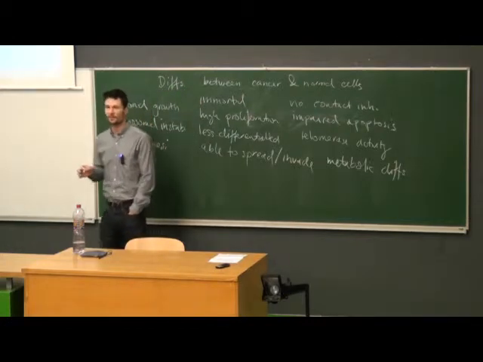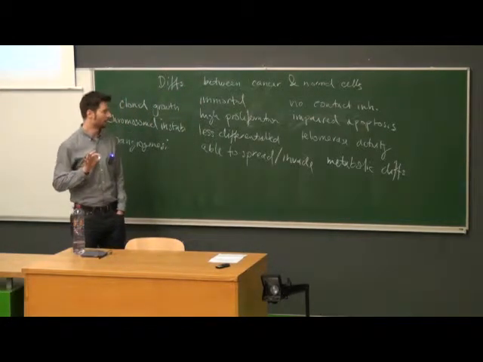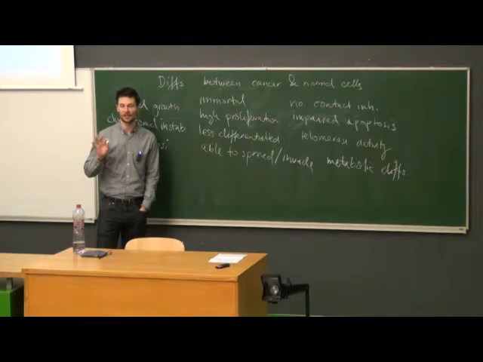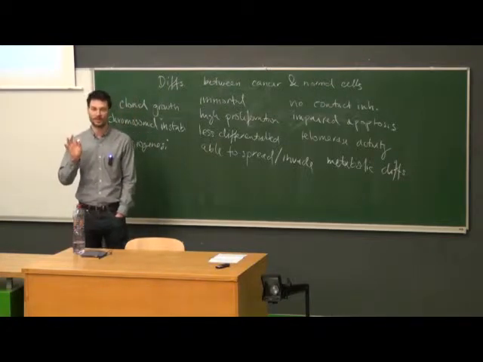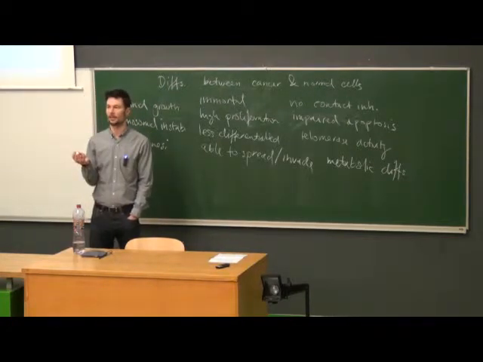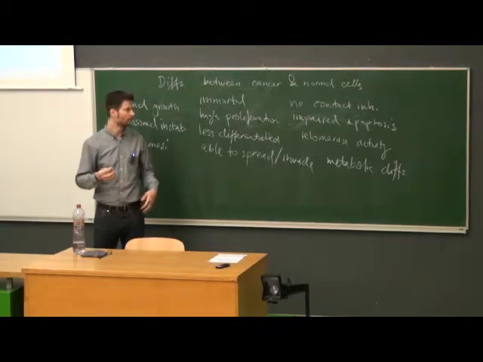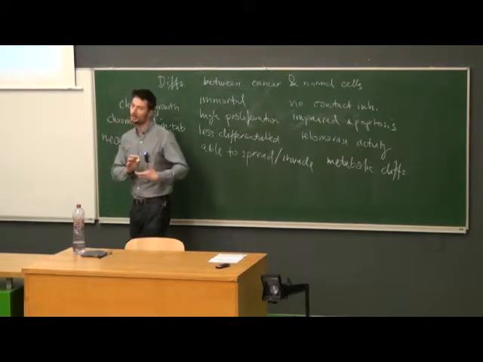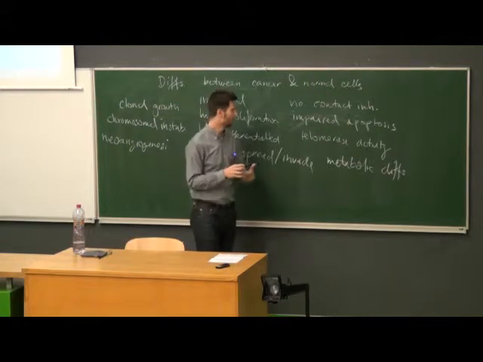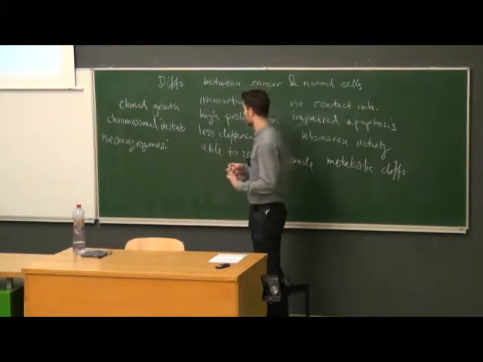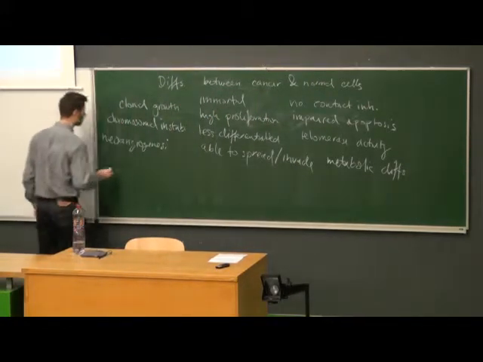Since about the 1930s or something like that, it's been known that most cancer cells have very strange metabolic, basically they use some weird metabolic pathways to get their energy. The phenomenon is called Warburg effect.